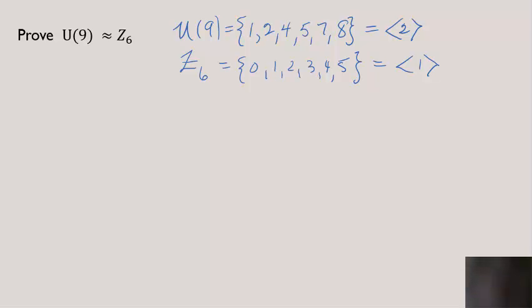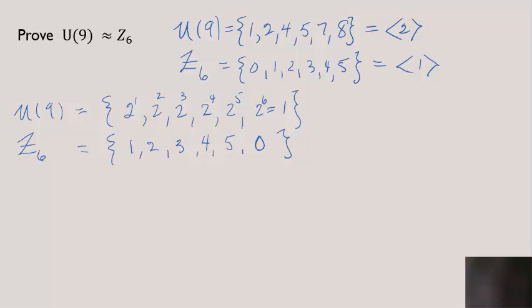Both of these groups are cyclic. Z6 is generated by 1 and U9 is generated by 2 and others, but we'll take 2 and 1, the generators. I think the best way to find a mapping is to view these groups as sums of 1 and powers of 2.